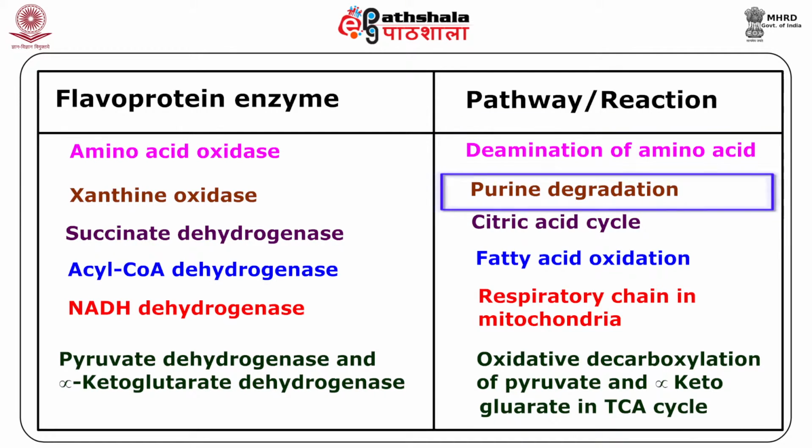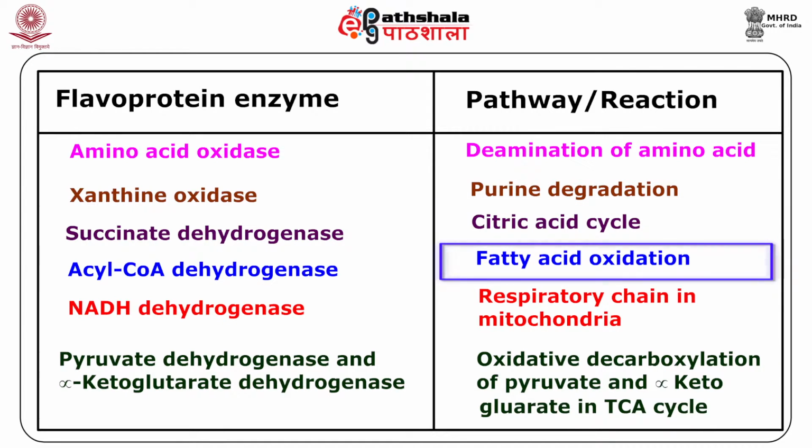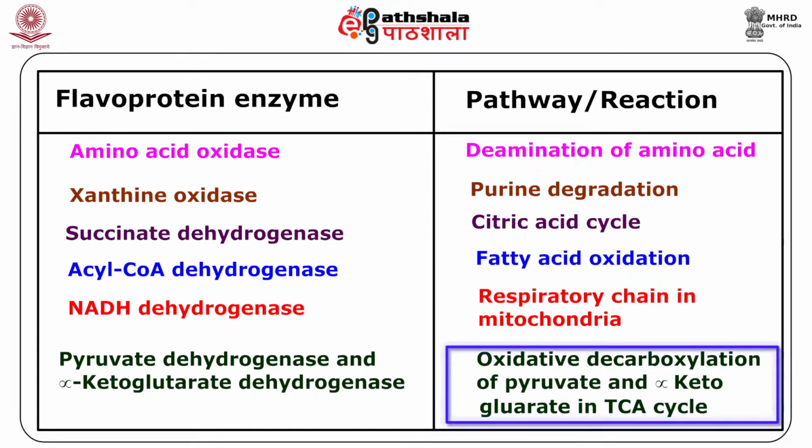For xanthine oxidase, purine degradation. For succinate dehydrogenase, the citric acid cycle. For acyl CoA dehydrogenase, fatty acid oxidation. For NADH dehydrogenase, it is the respiratory chain in mitochondria. And for pyruvate dehydrogenase and alpha ketoglutarate dehydrogenase, it is oxidative decarboxylation of pyruvate and alpha ketoglutarate in the TCA cycle.